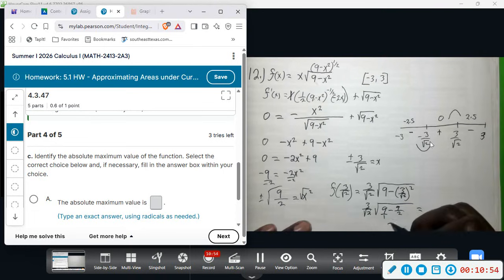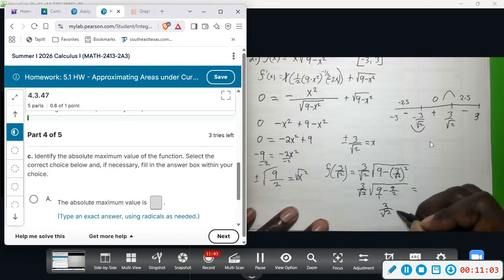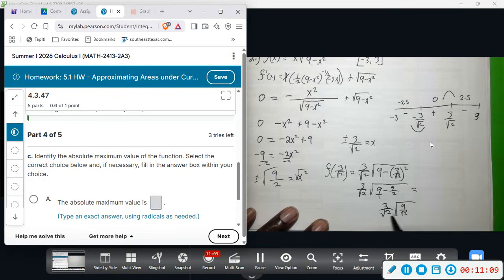So I have 3 over the square root of 2, times the square root of 9 over 2. And then this is the same thing. So if you do square root of 9, you get 3. This is not a square root of 2 yet. It's just over 2 under that square root.